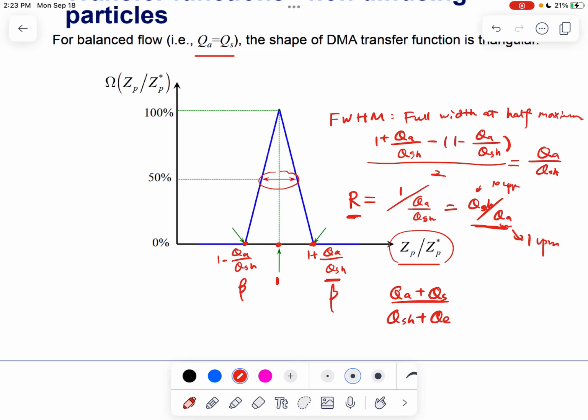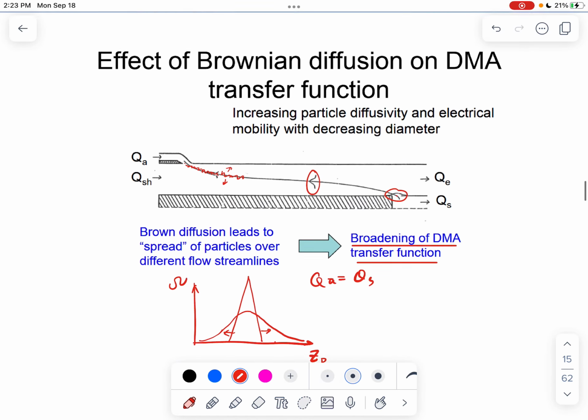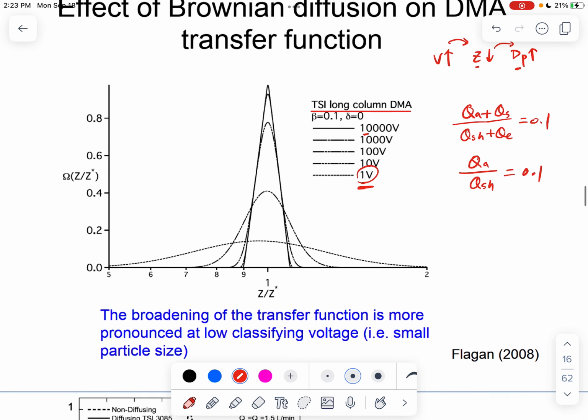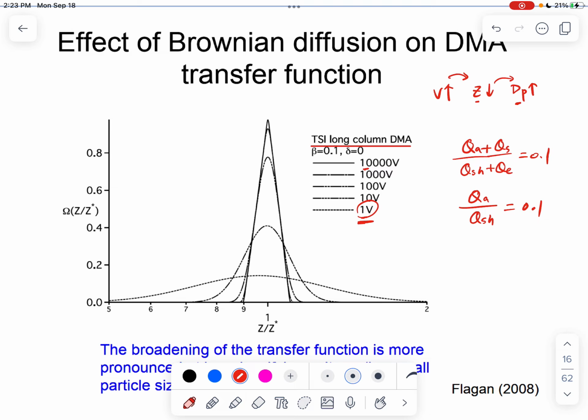If you use a higher sheath flow rate, you're going to have a resolution of 100, which basically means that the transfer function is becoming narrower, right? You can use a sheath flow of 1000, then it's becoming even narrower, right? Which also means that the particles of different sizes are not going to get classified by our DMA, okay? Okay, so this is related to the width of the transfer function.